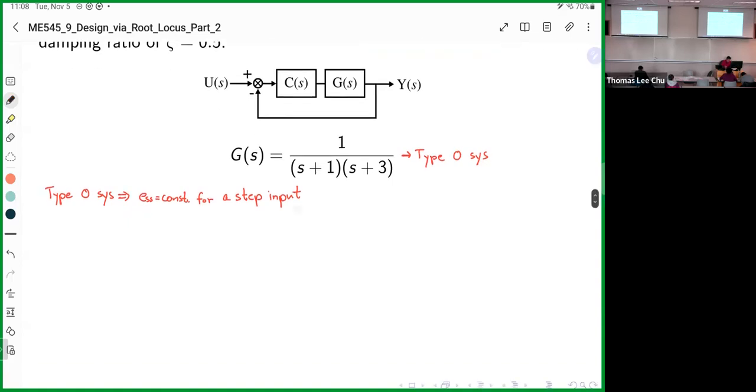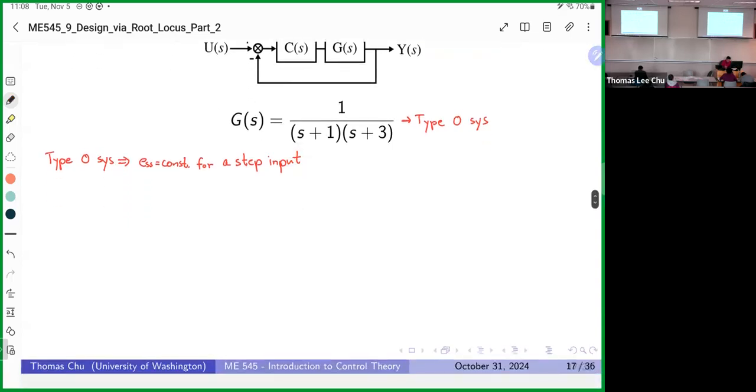But actually, for this kind of problem, when there's only two poles and no zeros, it's really easy to do it by hand. I'll show you by hand how we can do it. Maybe it's not obvious yet, but with practice, I promise you will see it better.